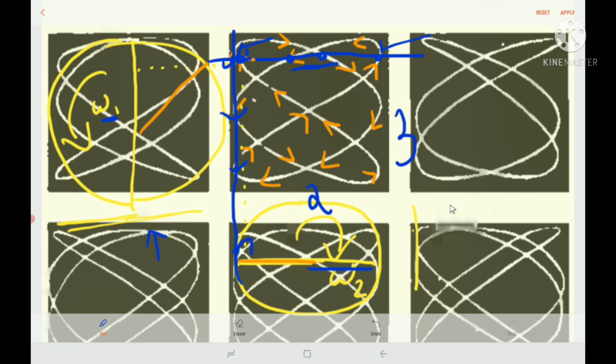So hence we say that the ratio of the frequencies is 2 is to 3. So in this sense, this SHM is kind of sluggish, and this one is faster or more active, and hence this ratio corresponds to omega 1 is to omega 2.